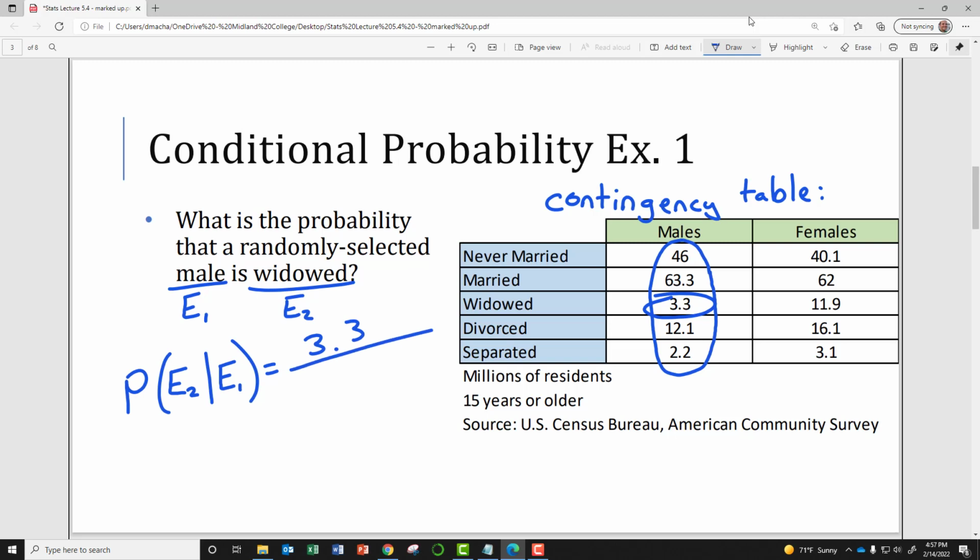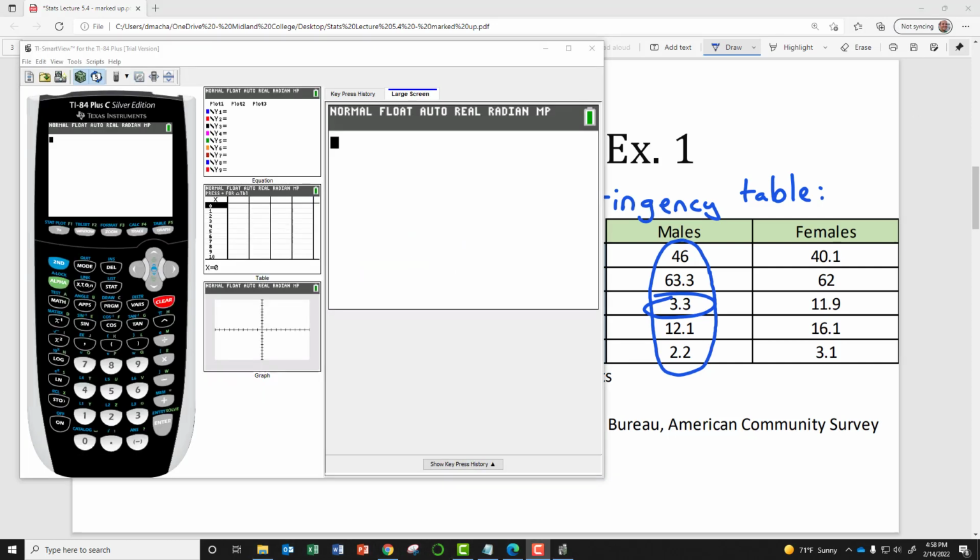out of however many males there are in this. And so I'm going to definitely need a calculator for that. So I'm calculating the total number of males. That's 46 plus 63.3 plus 3.3 plus 12.1 plus 2.2.